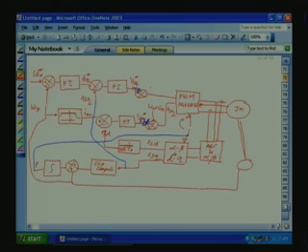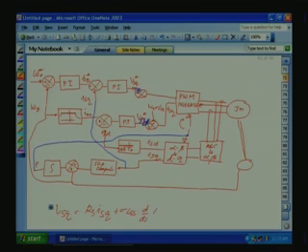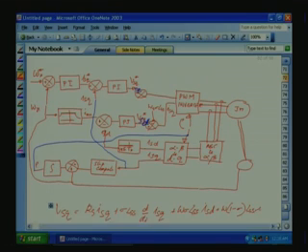See here, if you go to the equation, VSQ is equal to RS ISQ plus sigma LSS d by dt ISQ plus omega sigma LSS ISD plus omega into 1 minus sigma LSS or IMR. If you take the matrix term, that DQ model equations, and get the VSQ equation, finally you will get this one.